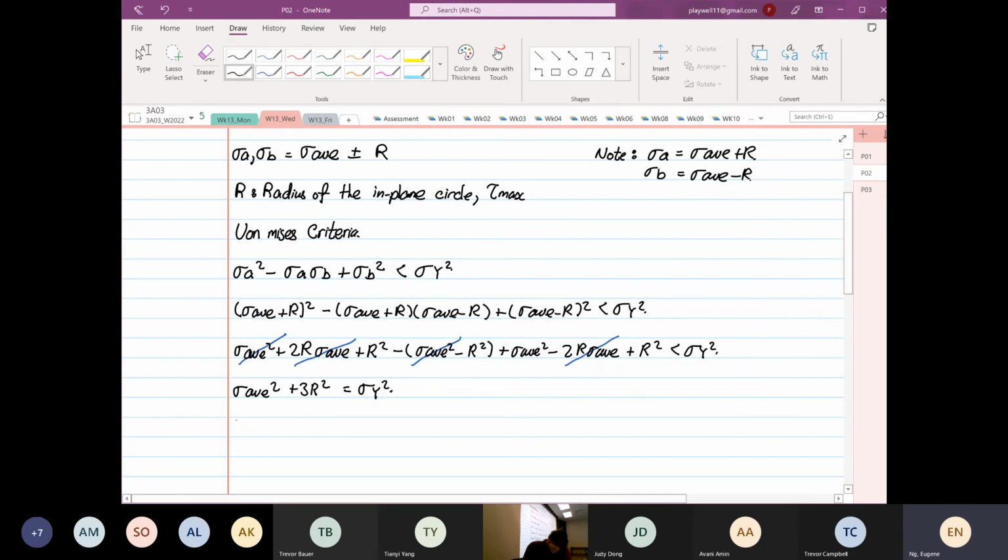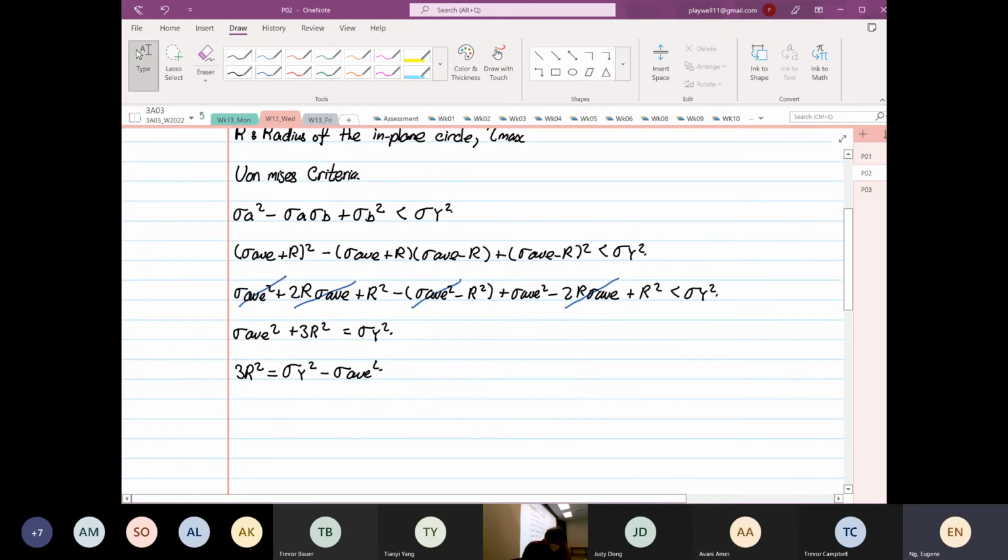So from here, we know that 3r squared is equal to stress y squared minus stress average squared, right? So we are going to find what is our radius. So this is equal to stress y squared minus stress average squared, divided by 3.